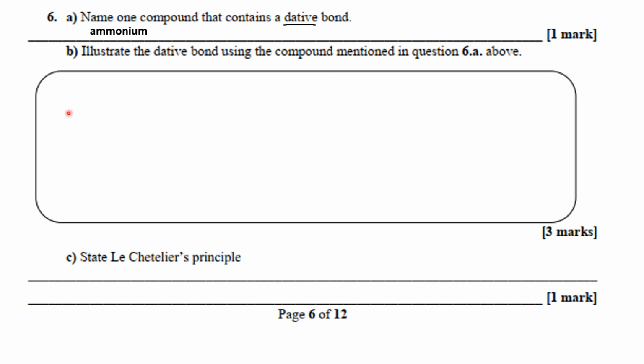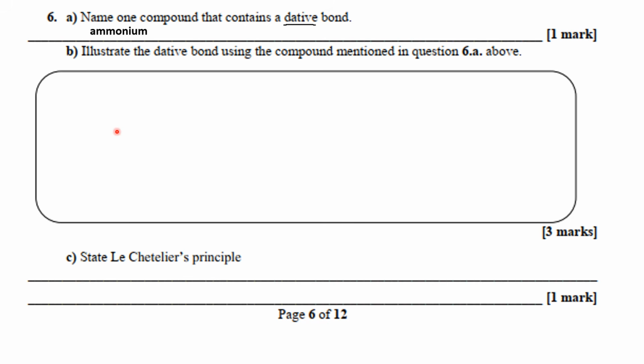But I've chosen to use ammonium ion, NH4 plus. So we're going to use that to show the diagram to illustrate the bonding in ammonium, and I'll leave the hydronium ion to you to illustrate.